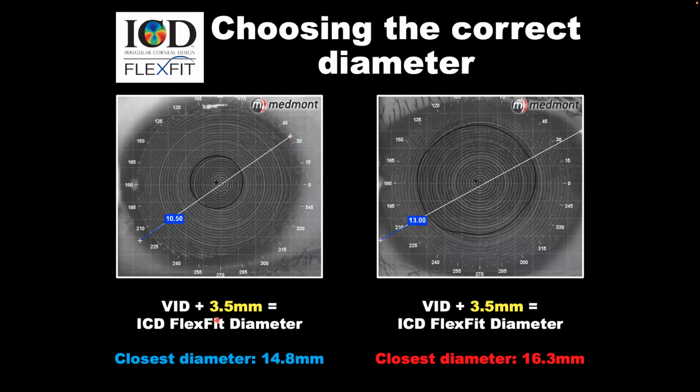So you need to go maybe larger. You are very tied up with the fitting set just having a 16.3, but you know for sure that you may need to increase that diameter. And that's where what we can do with the ICD Flexfit comes in.